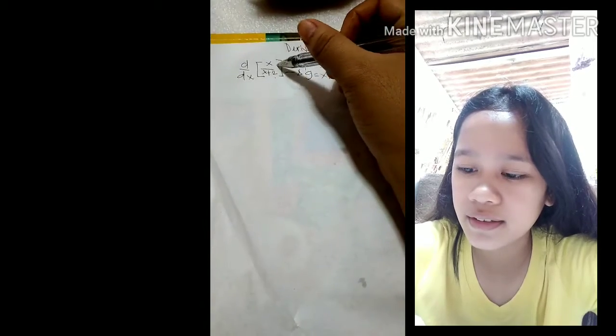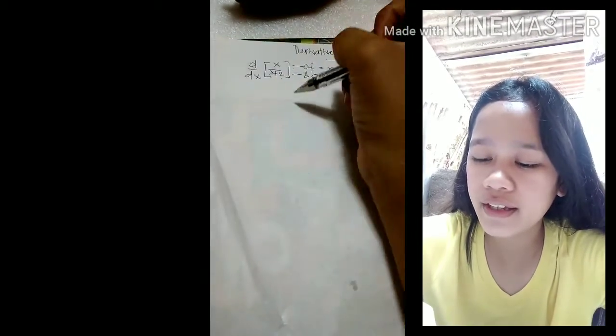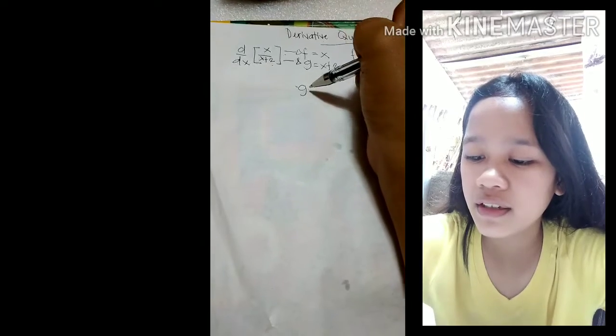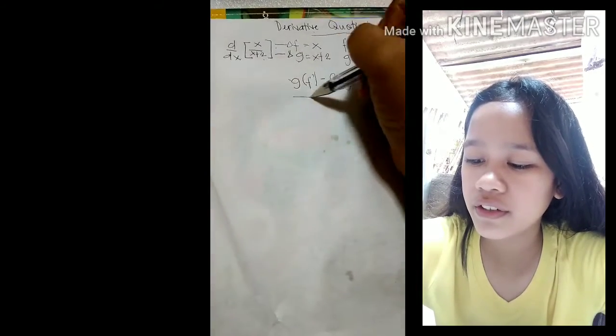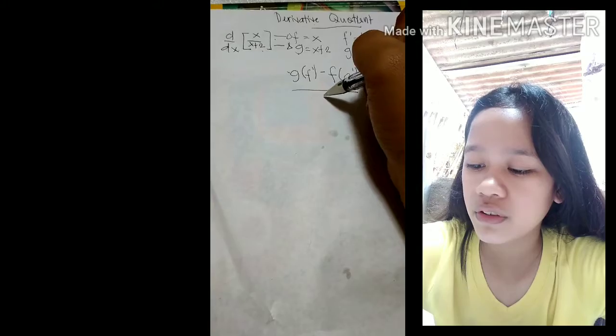So the value of f prime is 1 and the value of g prime is 1. Then the formula is g times f prime minus f times g prime, over g squared.